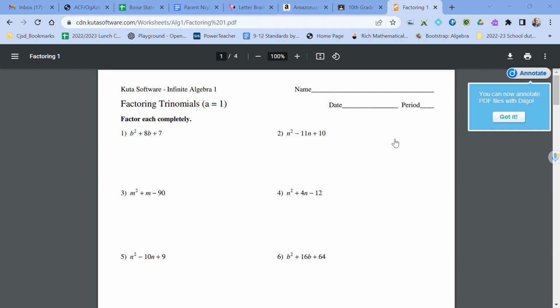Now what I want you to think about: remember that you can see here that this thing has 2 dimensions to it, right? That x squared tells me it is not just a one-dimensional product.